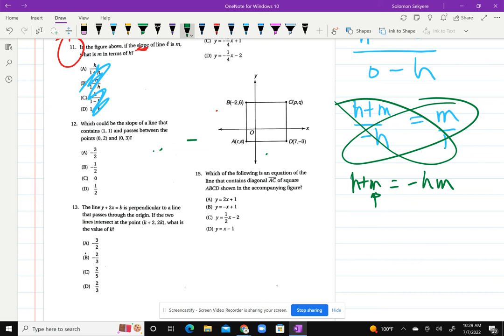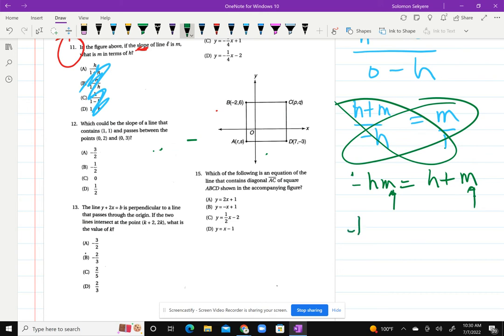I can also rewrite this as negative hm equals h plus m. Same thing. That's my target variable. I have one on the left, one on the right, one on the left, so I need to put them together.